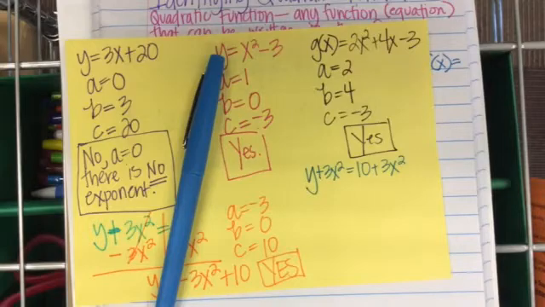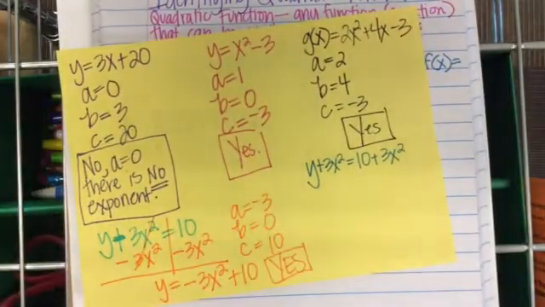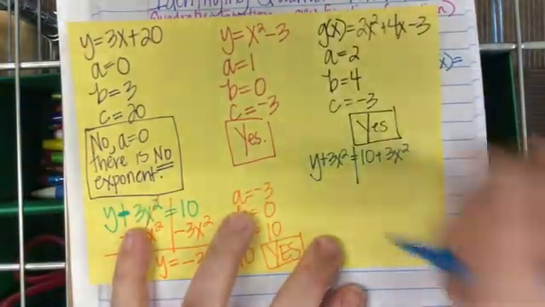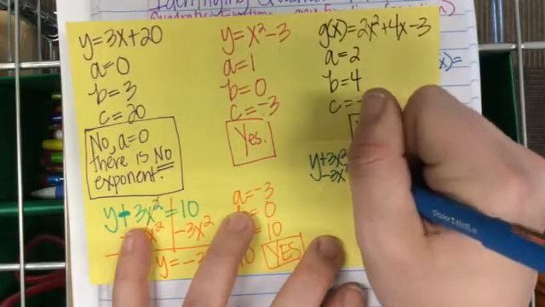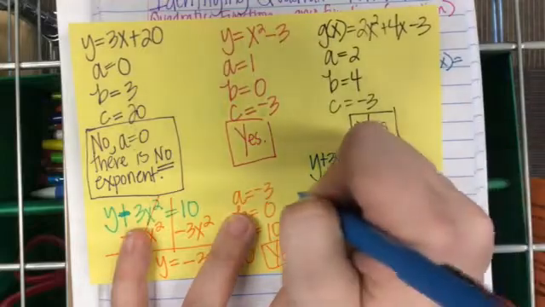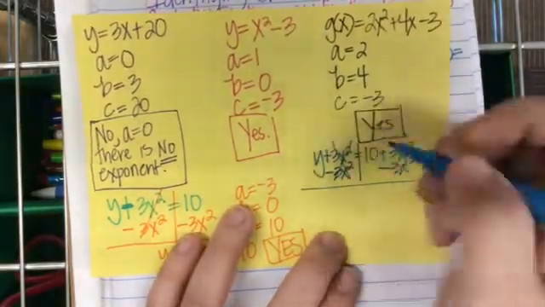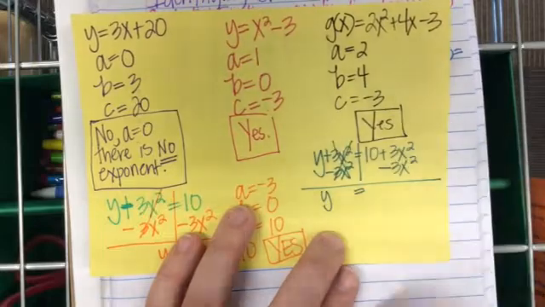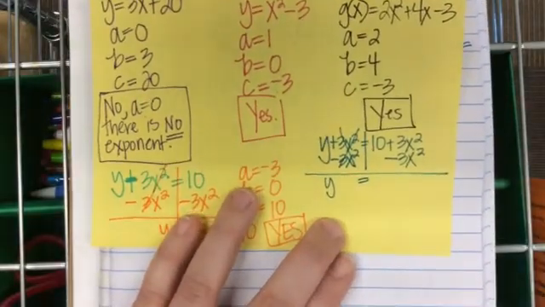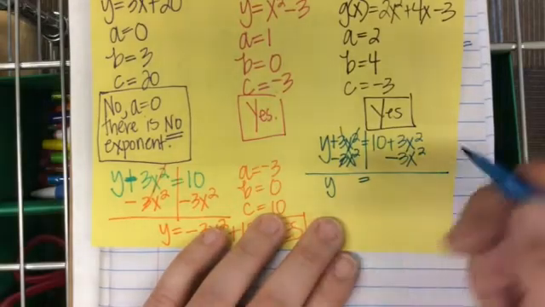Okay, red flag again because this is not y equals. But can we make it y equals? Yes. So y equals what? Ten.